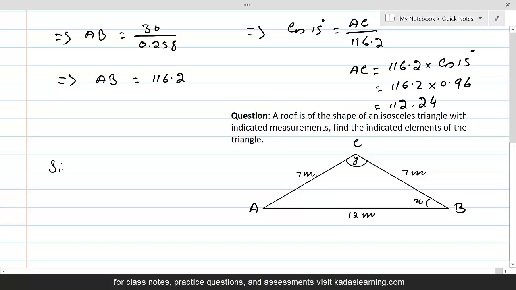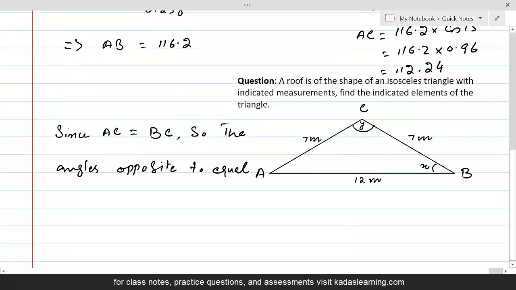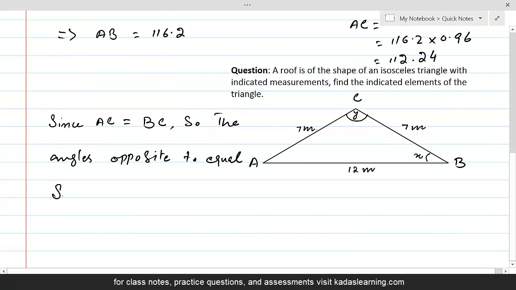Since AC is equal to BC, the angles opposite to equal sides are also equal.